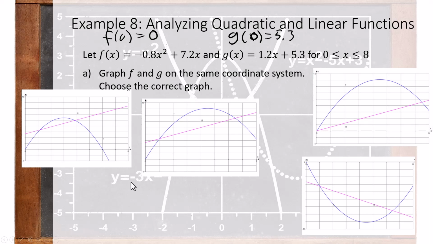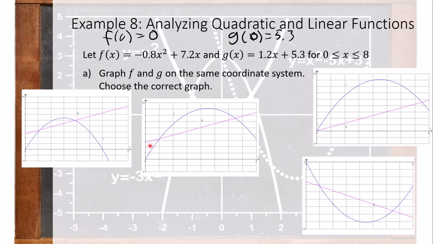Okay, and also notice that here we have 2, 3, 4, 5, 6, 7, 8, 9 divisions between 0 and 18, which basically means that every single division is 2 units. So this is 2, 4, that's about 5.3.